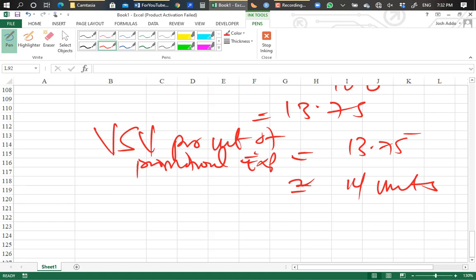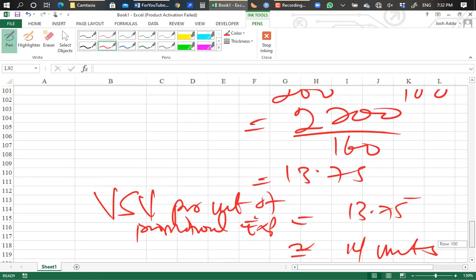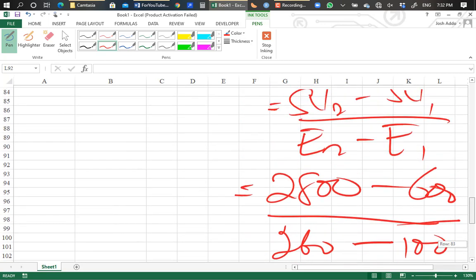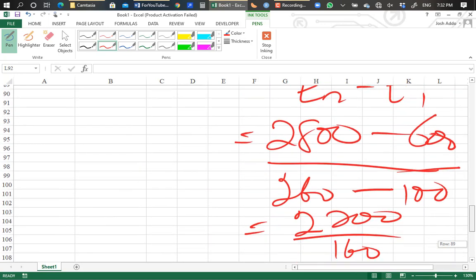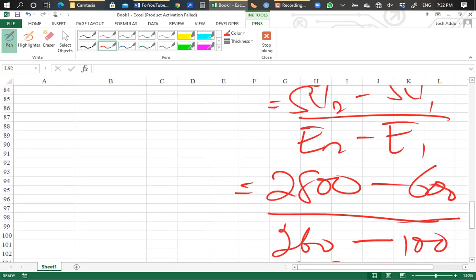So we have determined the variable sales volume per unit of expenditure, which can help us to determine the total variable sales volume at any given level of expenditure. We have determined 2 levels of expenditure, E2 and E1. Like we discussed in class, we have the option to stick with one, only that we have to be consistent.